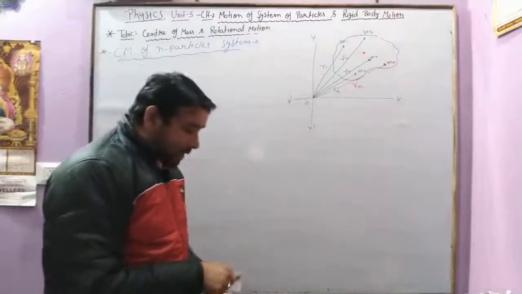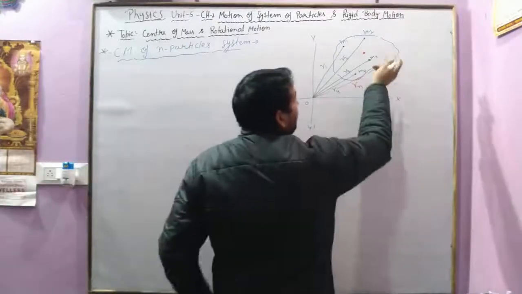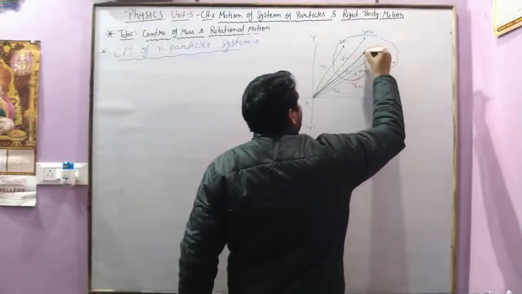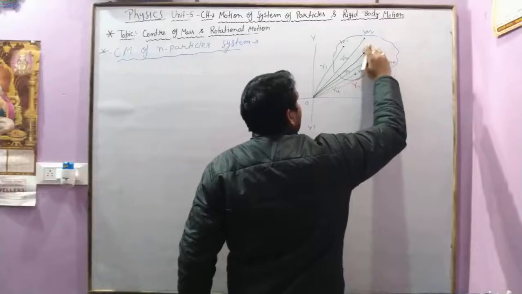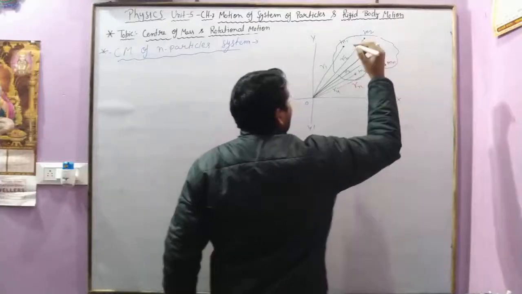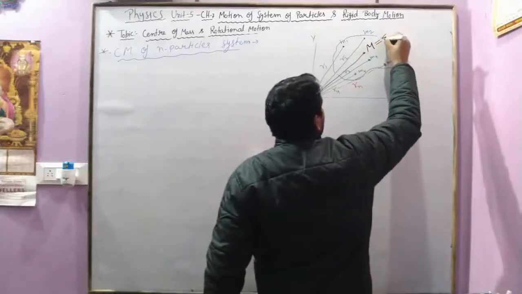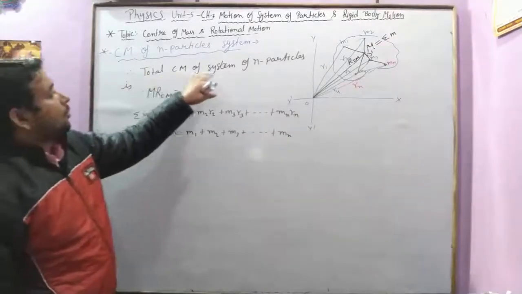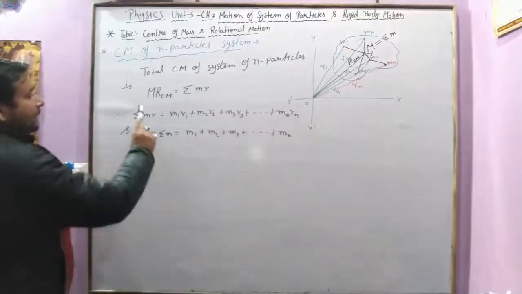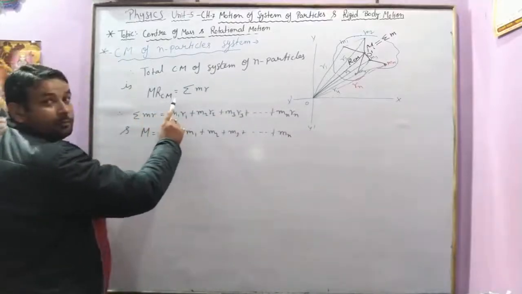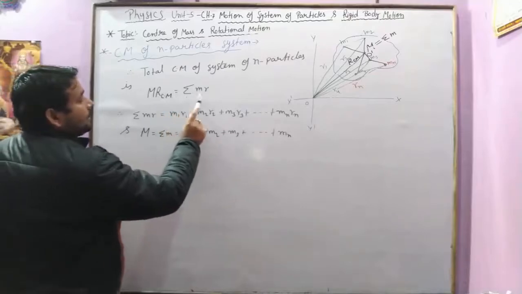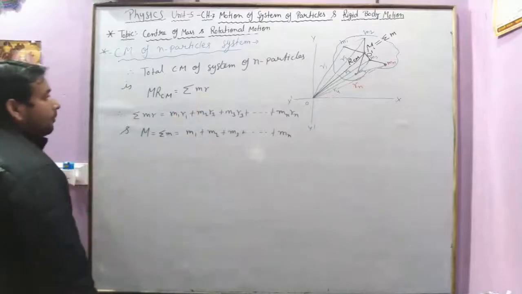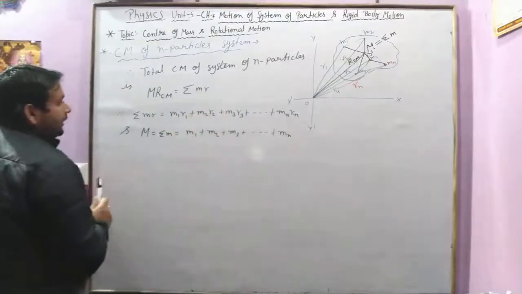Okay, therefore there is a point where the mass of the individual particles is concentrated, which is the point of center of mass of this given system of particles. Let it be of mass capital M, the total mass. The total moment of mass of n particles is M rcm equal to summation of mr, or the product of mass into radius of individual particles.